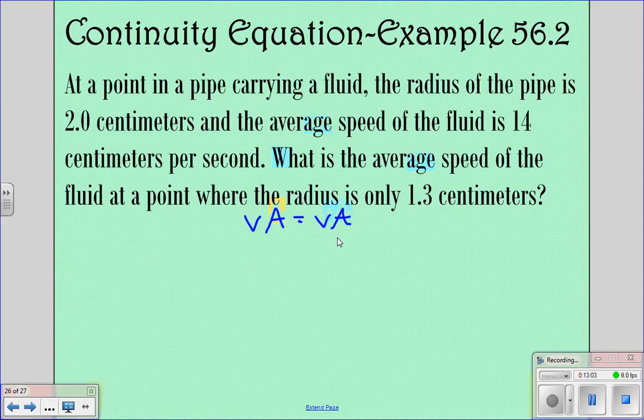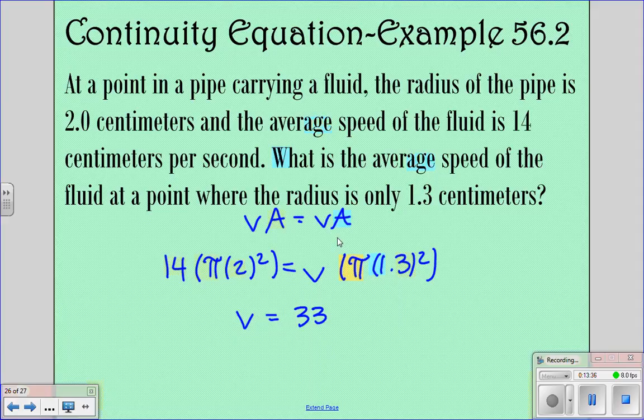So on one side, the average speed is 14, and then the area is pi times 2 squared. On the other side, we are looking for the average speed. We know the area because they told us the radius. So you end up with that formula, because the flow rates have to be the same on both sides. And so if you solve for your V, you're going to get 33 centimeters per second. And so that would be your answer there.